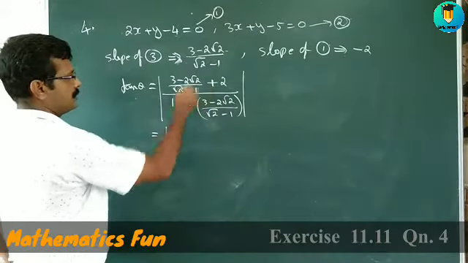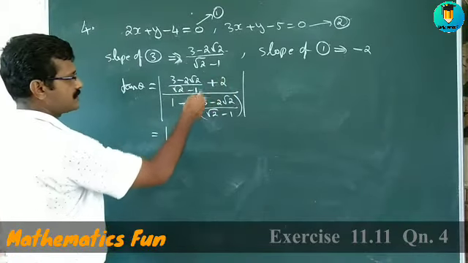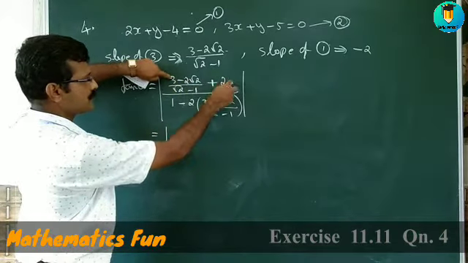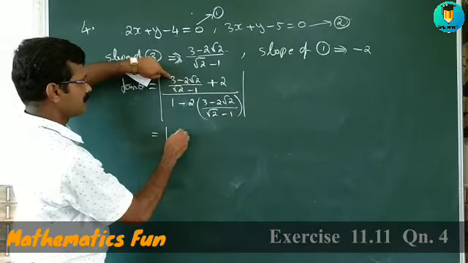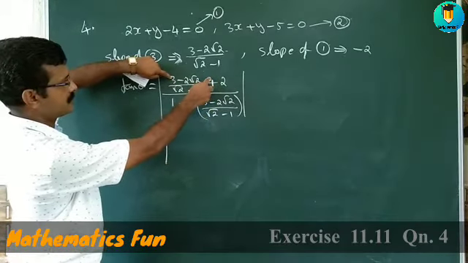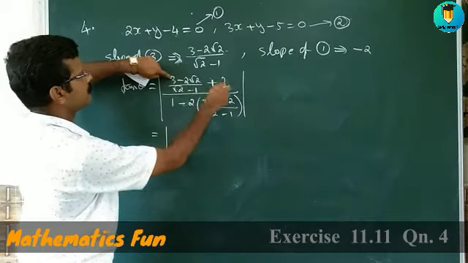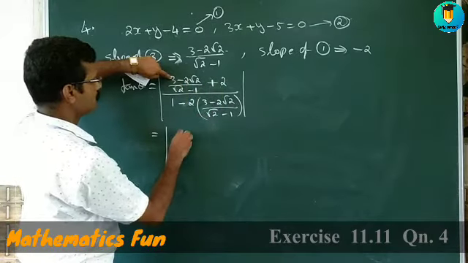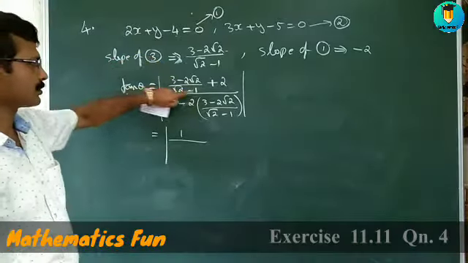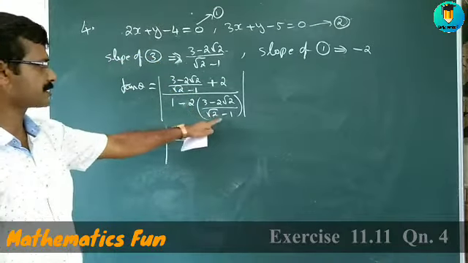Now to simplify it, root 2 minus 1 is the LCM. So if I simplify it, 3 minus 2 root 2 here, 2 root 2 minus 2. So ultimately it becomes 3 minus 2, the 2 root 2 terms get cancelled. 3 minus 2 is 1, divided by root 2 minus 1, which is cancelled by taking the LCM.